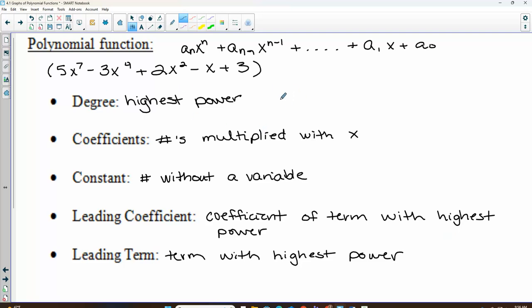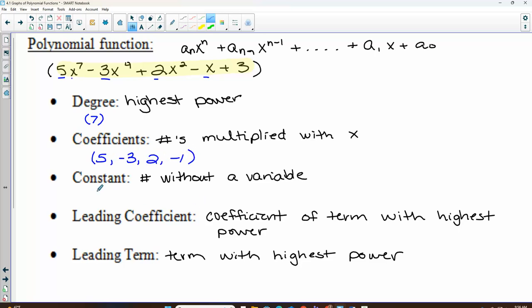So for instance, if I looked back at this example, what would be the degree in that? 7. You don't have to add them all together, you just take the highest power that we see. My coefficients, those are all the numbers multiplied with x. So my coefficients would be 2 and -1.